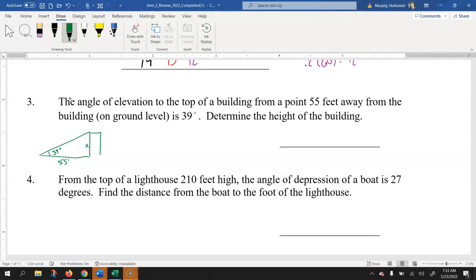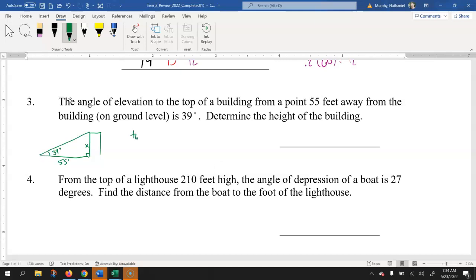So our goal is to figure out the height of the building. This is a right triangle, because we assume that the building is perpendicular to the ground. So we can use SOHCAHTOA, those trig ratios. Remember that the tangent is the opposite over the adjacent, because all I know from 39 degrees is that x is opposite the angle and 55 is adjacent to the angle.